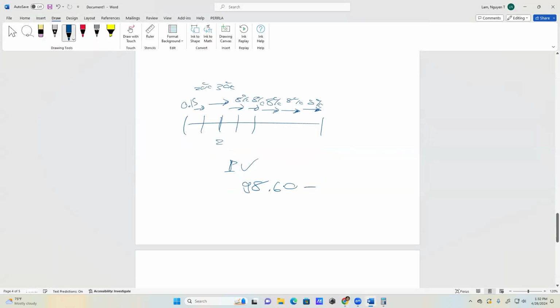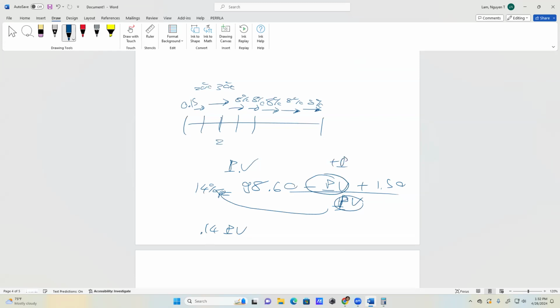68.6. So you're gonna take that minus the original price plus the dividend, in this case 1.50, divided by the original price, and that's gonna give you the return of 14%, right? So this is just math. You have to multiply this over, right? So 0.14. And then you're gonna add this on both sides.